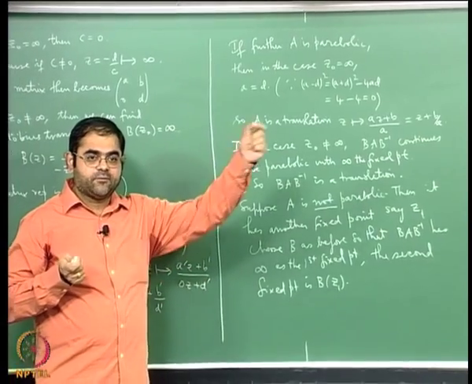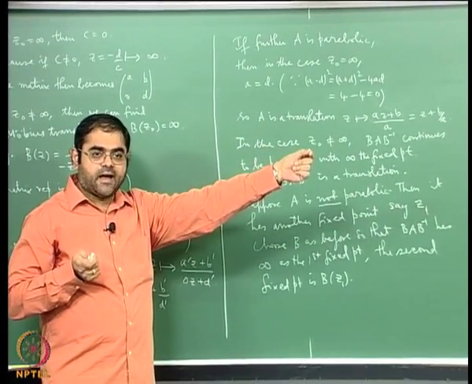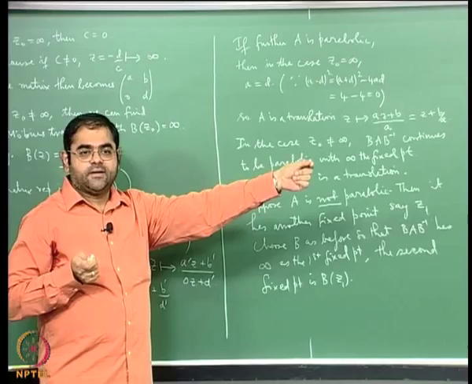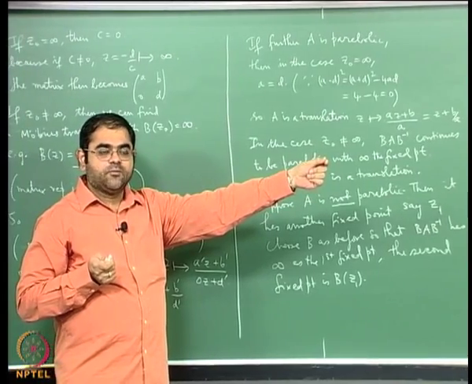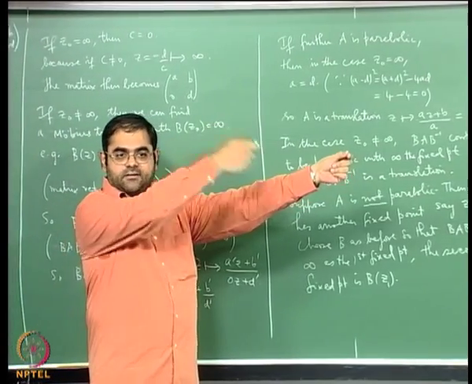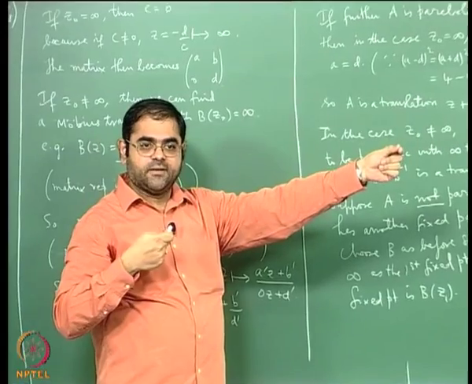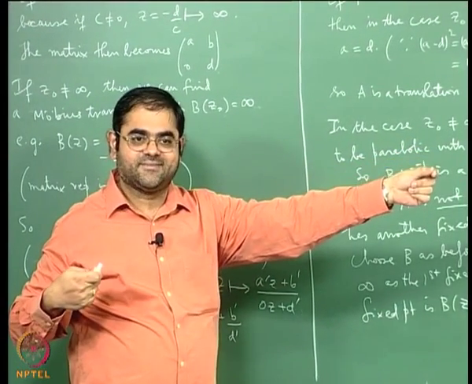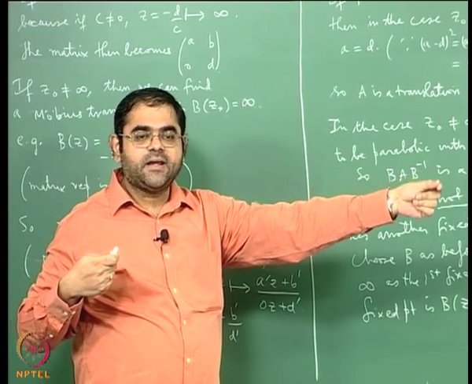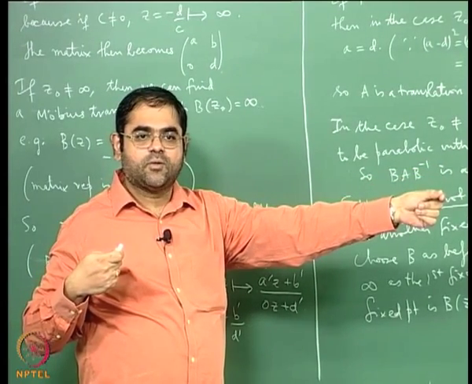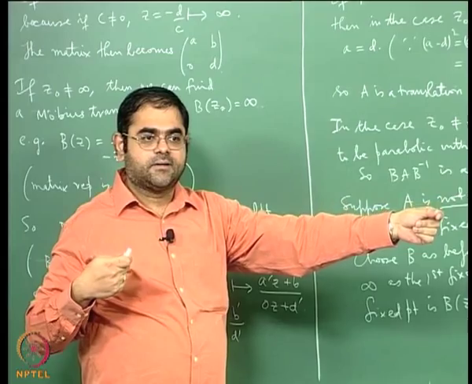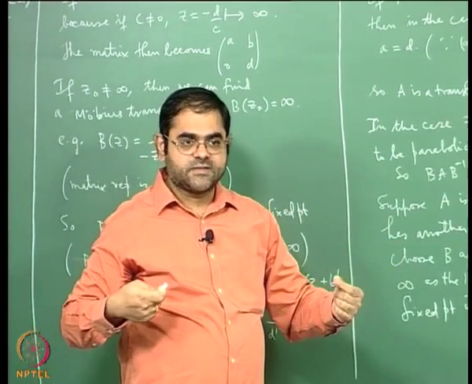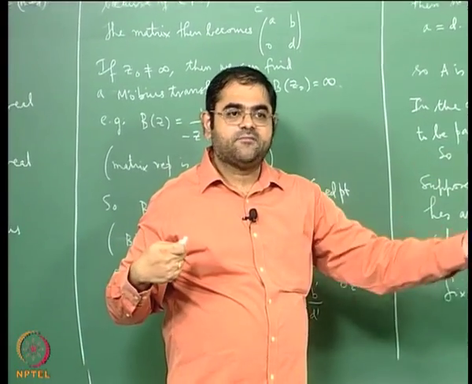Now, by a conjugation I have already moved one fixed point to the point at infinity. You can guess what I am going to do: the other fixed point is not the point at infinity, so I will again do a conjugation and move it to 0. I try to bring A to the form of a Moebius transformation which has two fixed points, namely 0 and infinity.